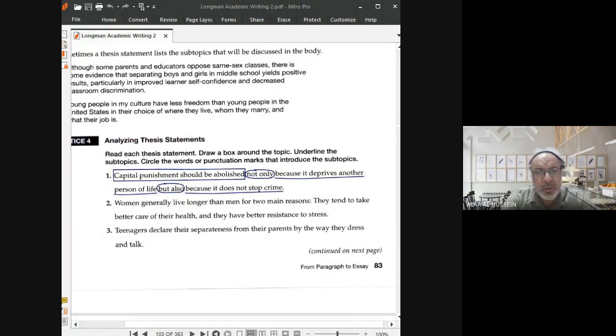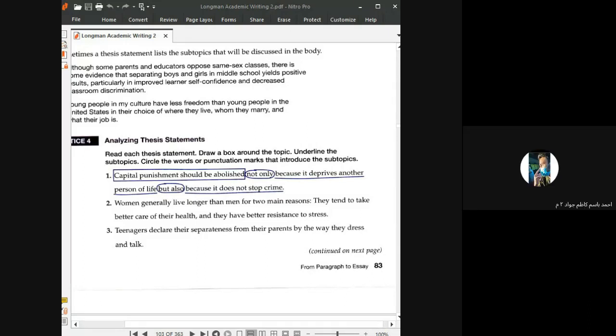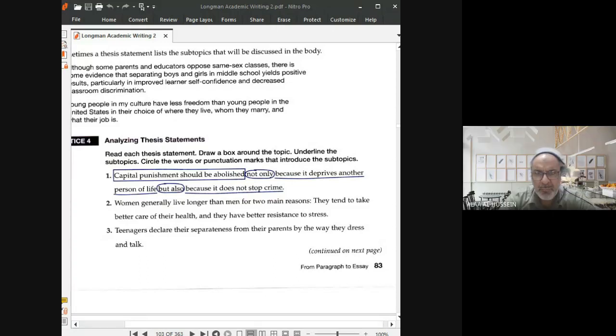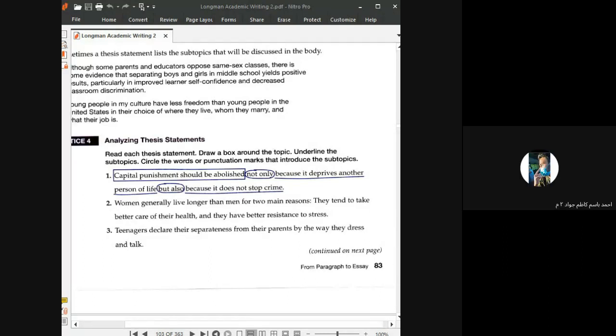Where is the topic? Ahmed Basim. Yes, doctor. The topic is women generally live longer than men for two main reasons. This is the topic. I mean the whole of it: women generally live longer than men for two main reasons.